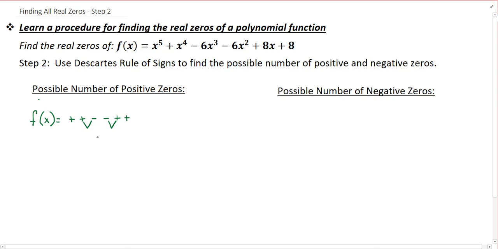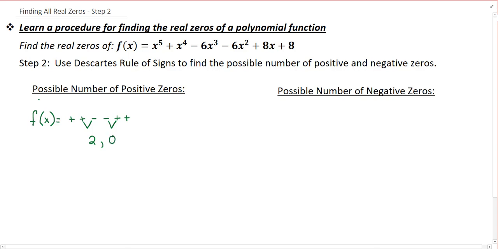What that means is the possible number of positive zeros could be that count that we came up with, which is 2. But that's not the only option. We'd have to continue to subtract off 2 to determine the other options. If I subtract off 2 from 2, that would bring me down to 0.